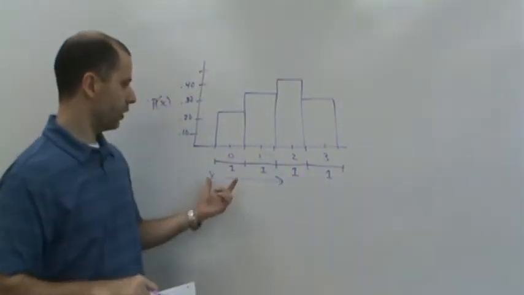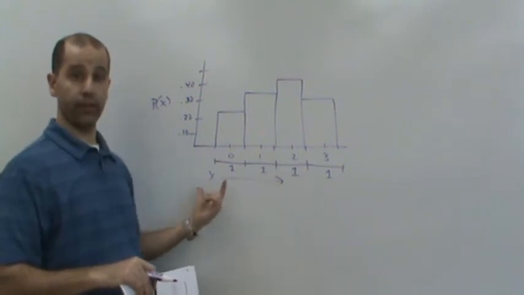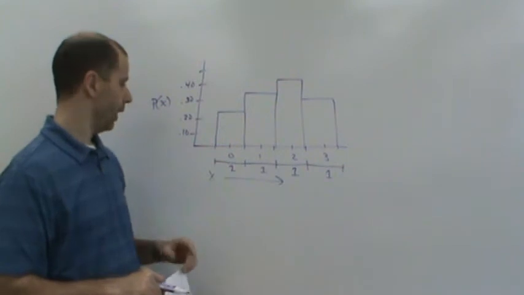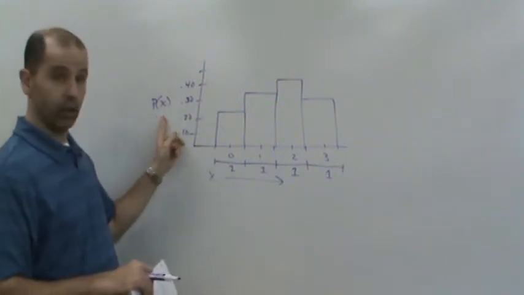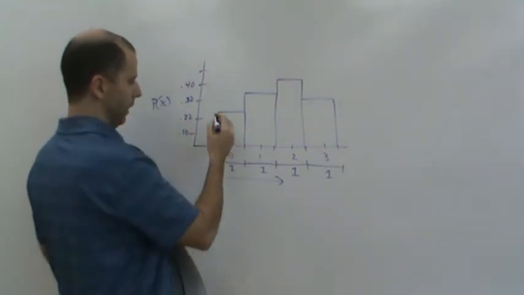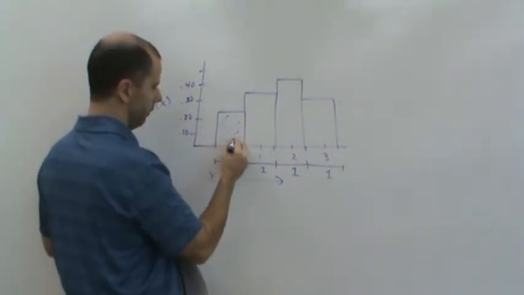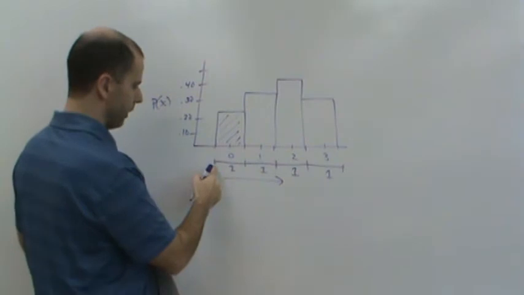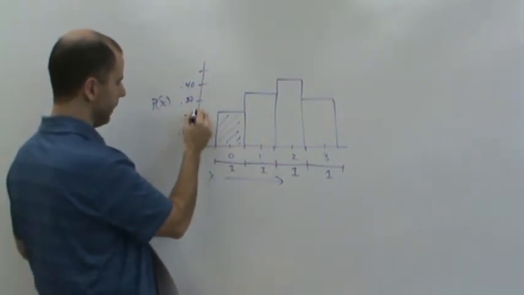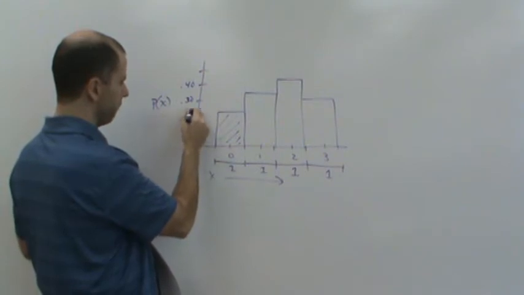So this is the width, the base length of each bar, and the height of the bar is the probability. What's the area of each bar? The base is 1, and the height would be, let's say, 0.25.